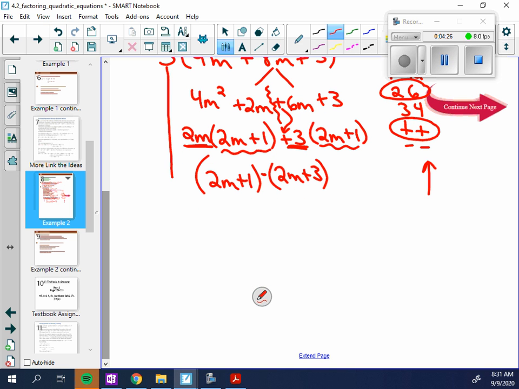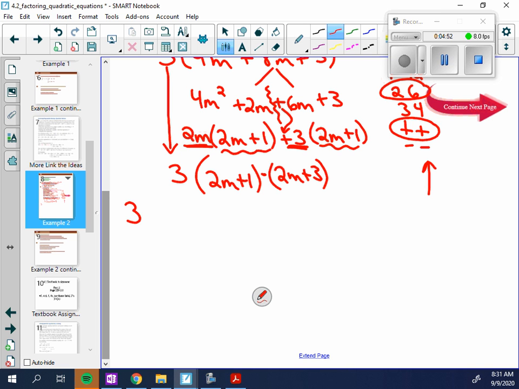And then also, this greatest common factor that I pulled out from the beginning can now come down and be in front here. Okay? I'm not done the question yet, though, because I just factored it with an m. But if I go back to my question, it never had m's. I kind of cheated to put those in, but I have to now replace my m's back with the x plus 2.